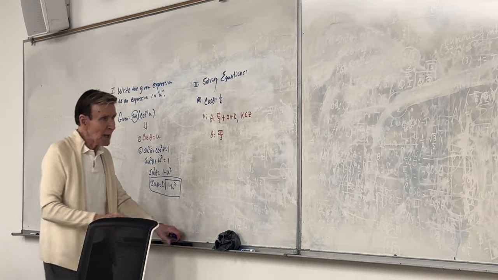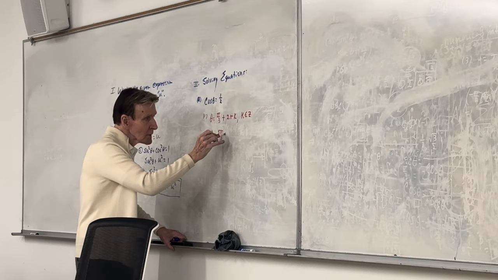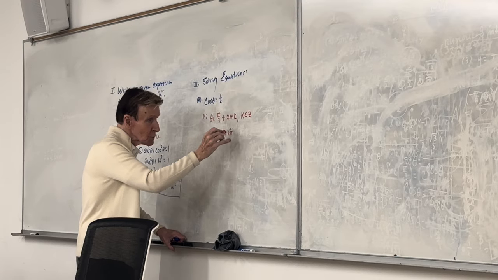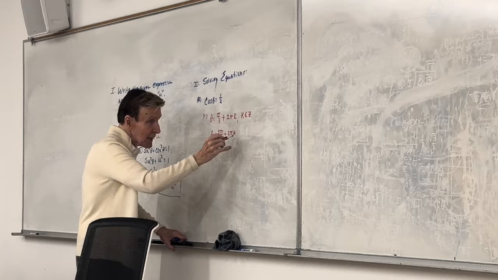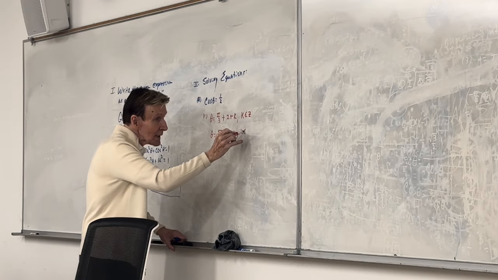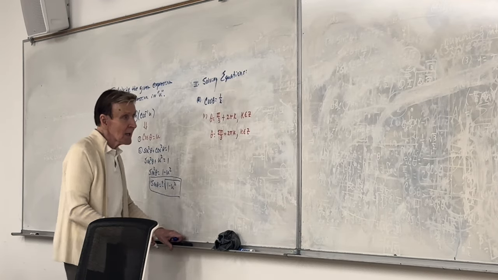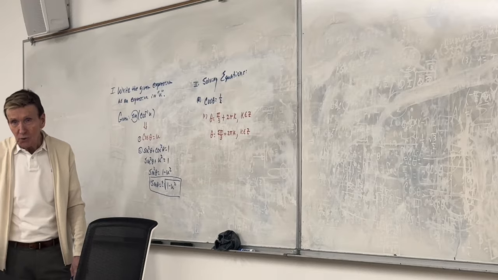I can do the same thing at 5 pi over 3. If I want more, repeat the period, 2 pi, any number of times k, where k is an element of the integers. And those are my solutions.